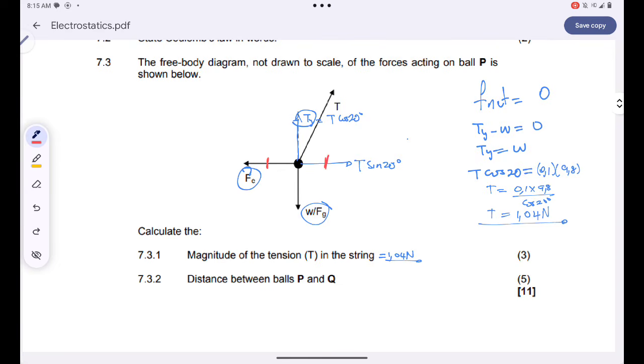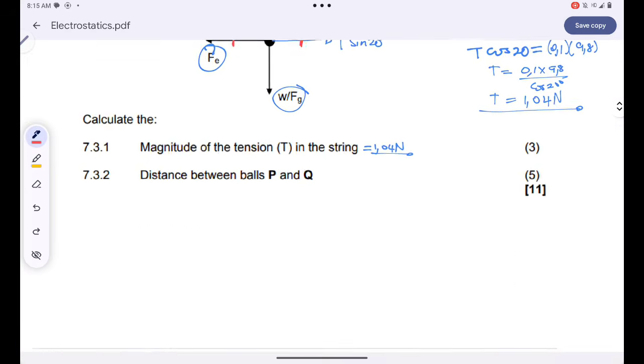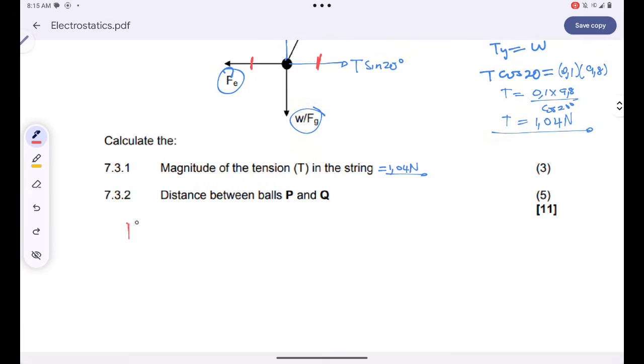force. Are you together? So I know that Fe, the electrostatic force between the two charges, is equal to K Q1 Q2 over R squared.